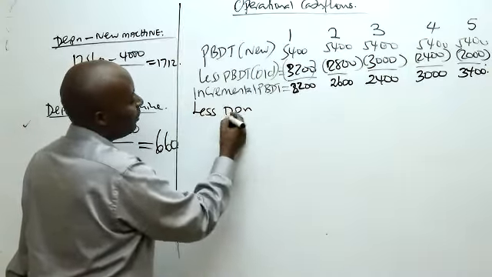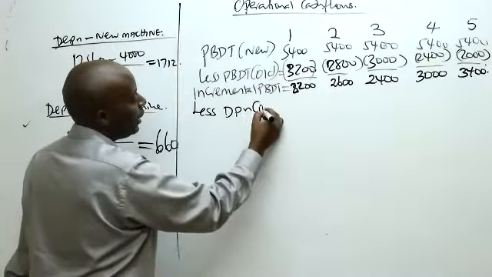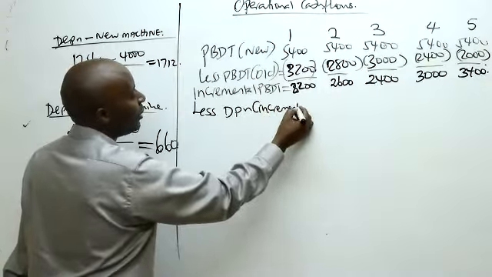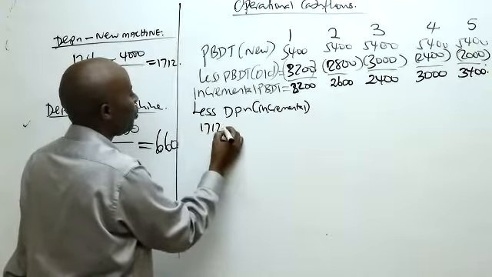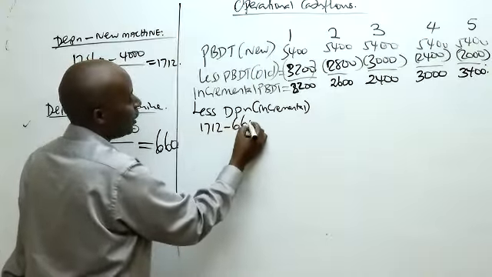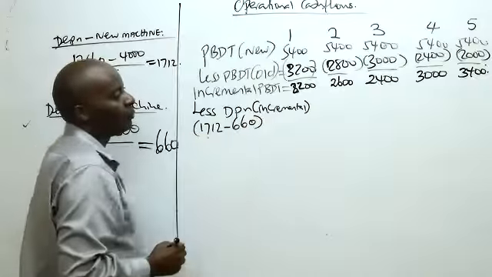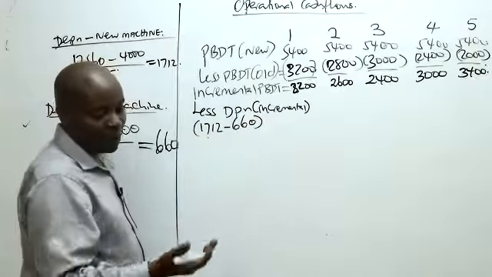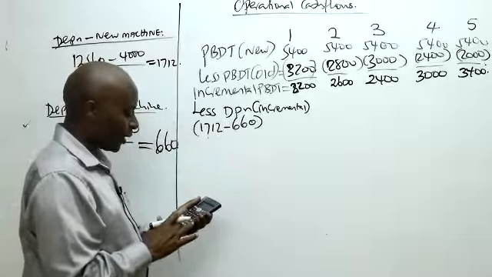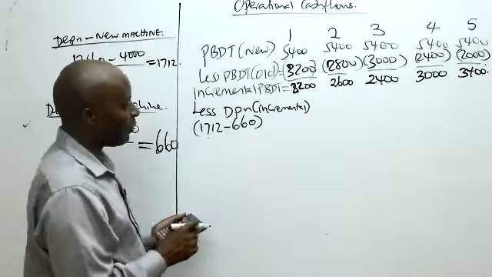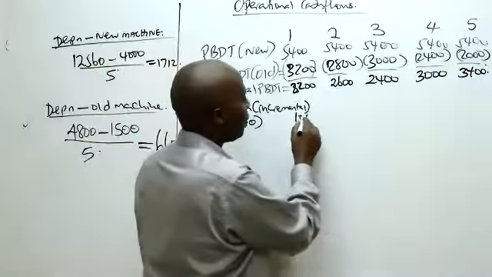And please remember, this depreciation has to be incremental. So 1712 minus 660. Remember, this is per annum, so every year. So we have 1712 minus the answer, which gives me 1052. So we have 1052 throughout.